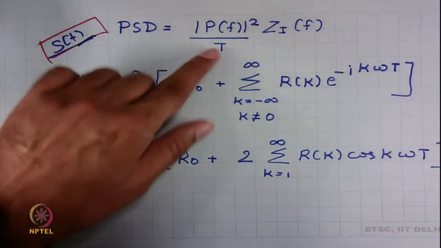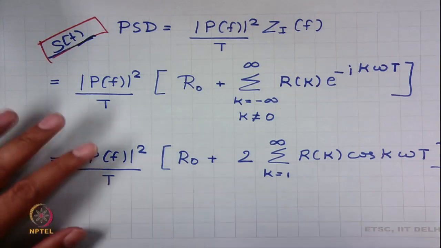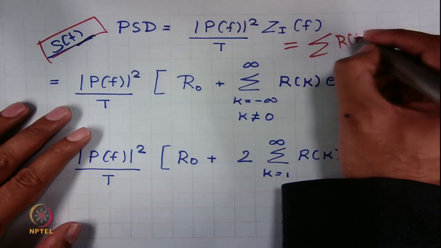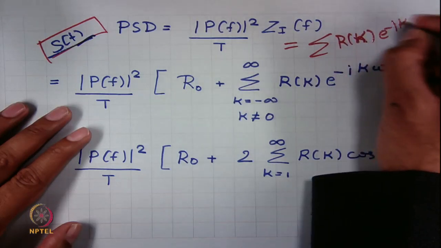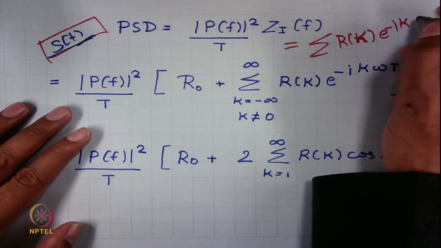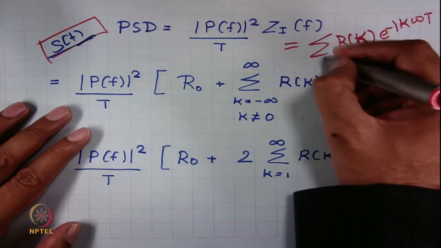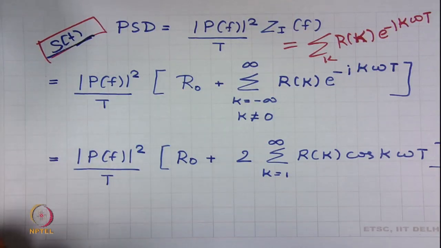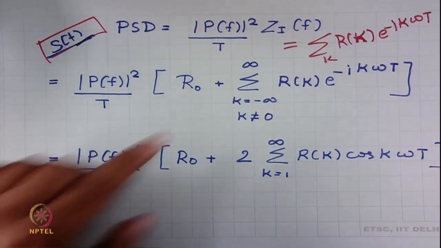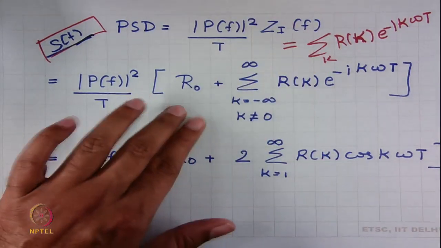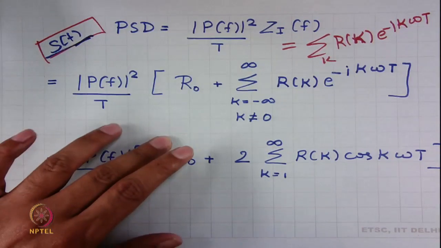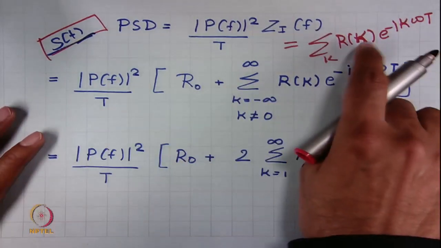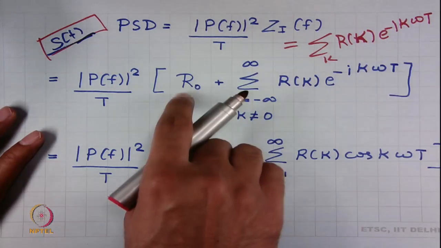Now, there are various ways to write it, more powerful than this. All these equations are derived simply from here. We know that anyway Z I f is, what is it? It is the Fourier transform of, we have already seen this. Z I f is the Fourier transform of the autocorrelation function of the binary sequence, right, nothing great in that. So, instead of writing Z I f, I have written it in a somewhat strange way in this, because this is quite useful. So, what I have done is I have pulled out R0. So, I have R0 here.